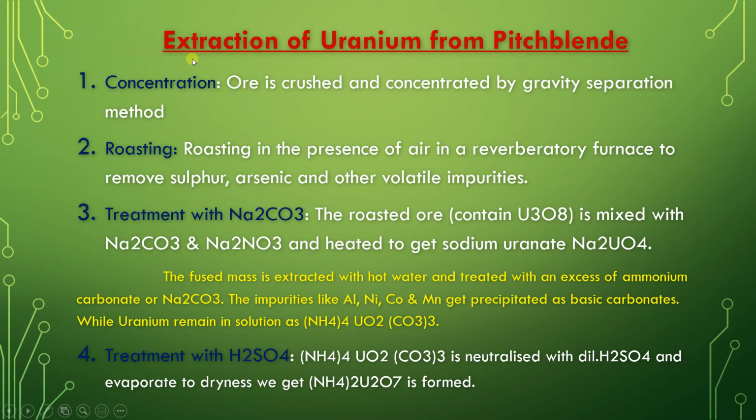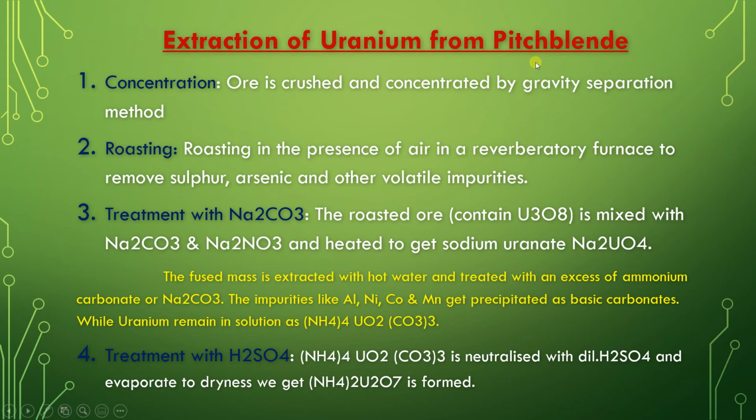So next, extraction of uranium from pitchblende. This is a very important concept from the point of view of examination. Uranium is extracted from its important ore, that is pitchblende.